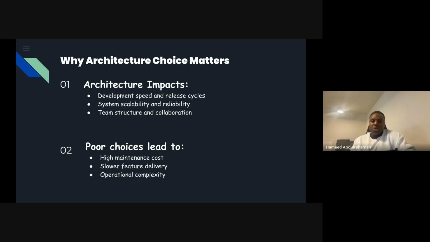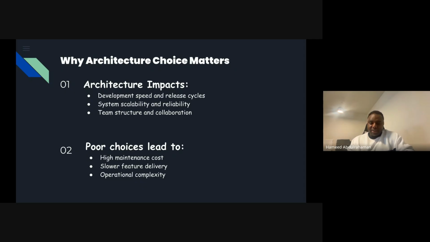So all these impact the architectural design you're thinking of. So then what are the costs of poor choices? Whenever you make poor choices regarding this architectural preference, then you have high maintenance costs, due to the fact that you have to maintain this architecture, and the architectural pattern you choose will determine the cost of that particular system itself.